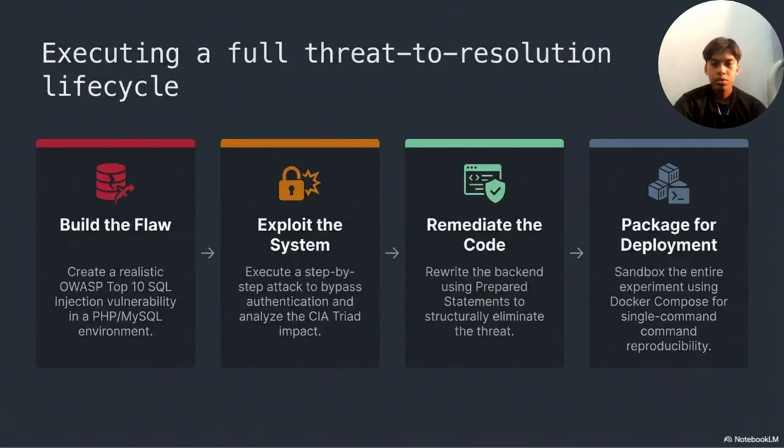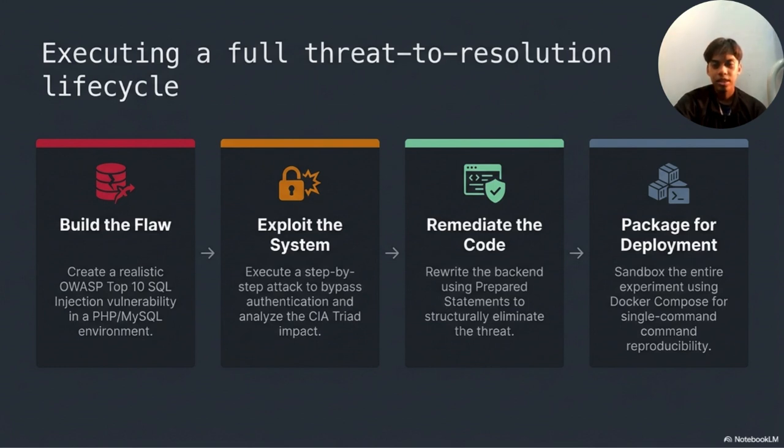So this slide shows the complete life cycle of our project. First, we build a realistic SQL injection vulnerability in a PHP and MySQL environment based on the OWASP top 10 injection category. Next, we exploit the system by performing authentication bypass attacks and analyzing the impact on confidentiality, integrity, and availability, also known as the CIA triad.